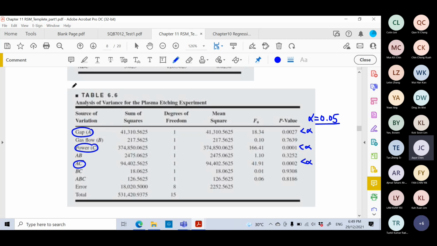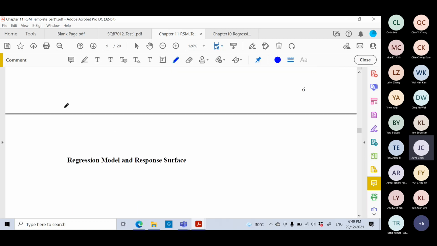Now based on these factors, we proceed to formulate the regression model.